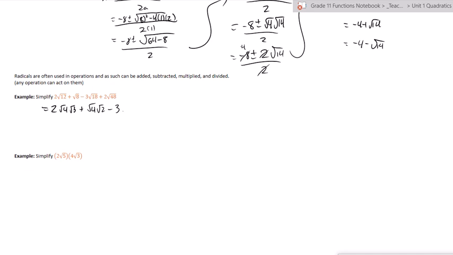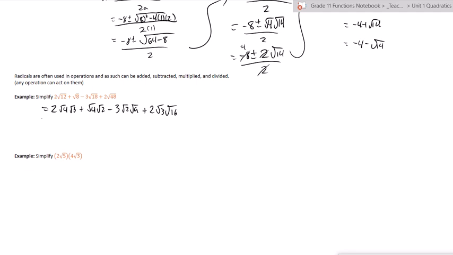Root 18 can be root 2 times root 9. And then root 48. We can have root 4 and root 12, or we can do root 3 and root 16, I believe. Yeah. So 2 and then root 3, root 16.